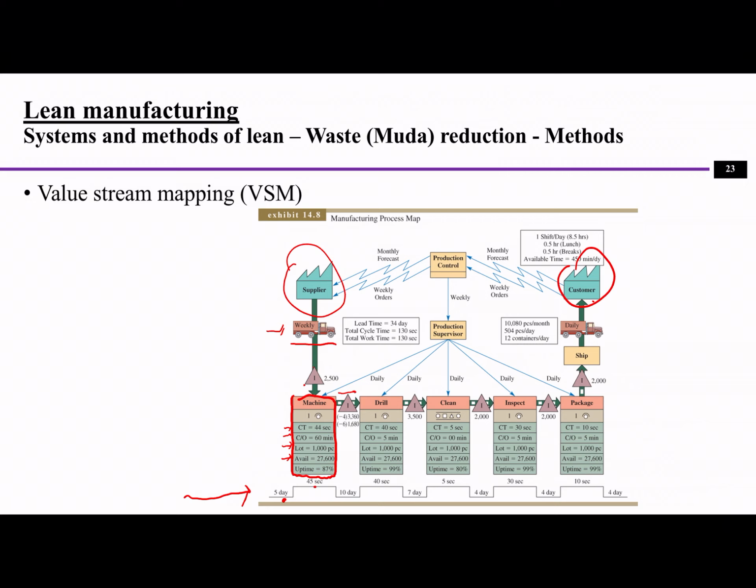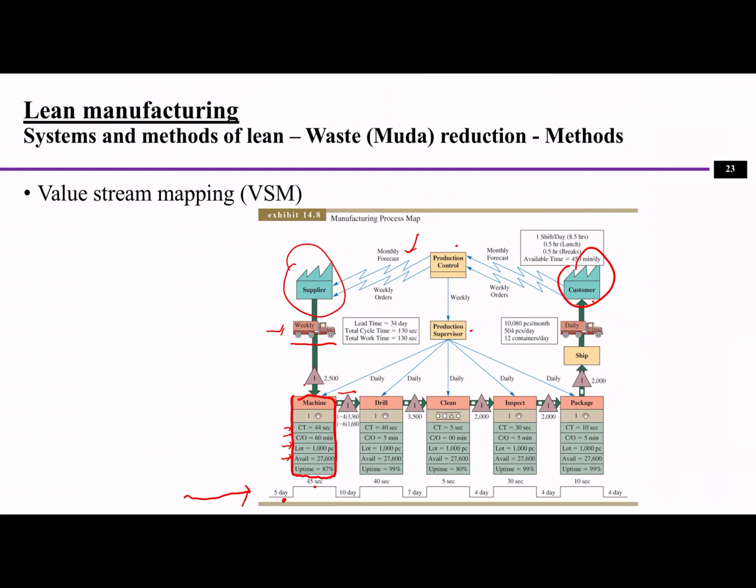And another part of the VSM is in the middle part. You can see the production supervisor, production control. There are two different kinds of lines. One is the straight lines, those blue straight lines, and also those flash lines. These are the flash lines. So straight line means there is manual information, your information is manually handled.